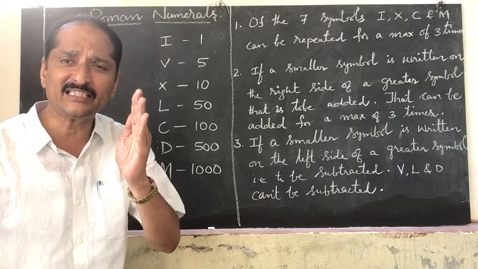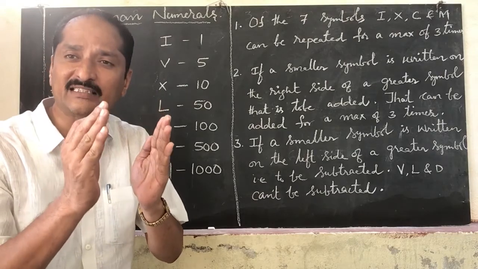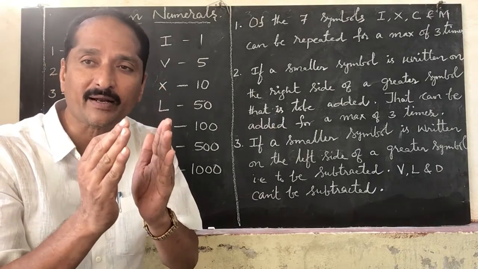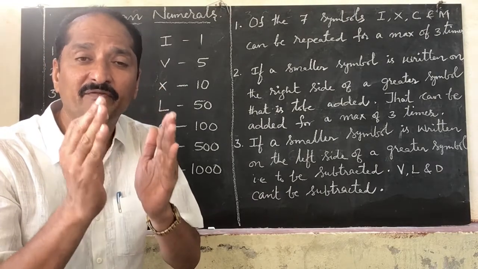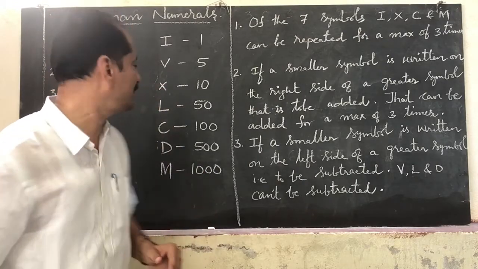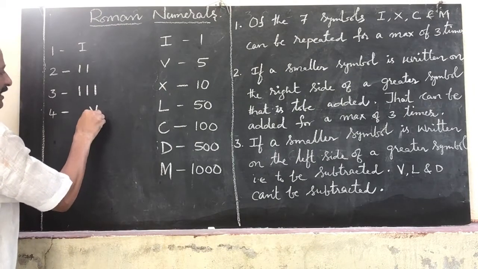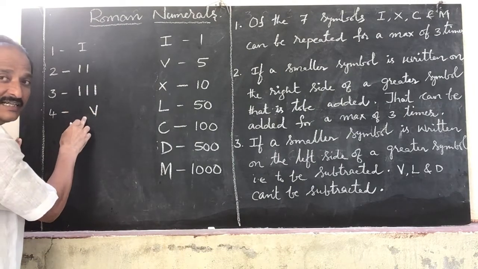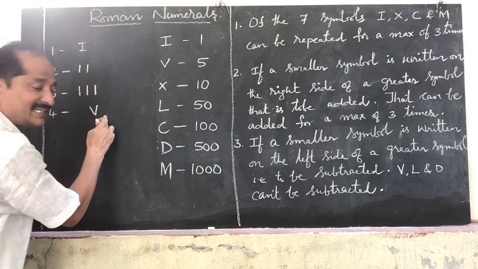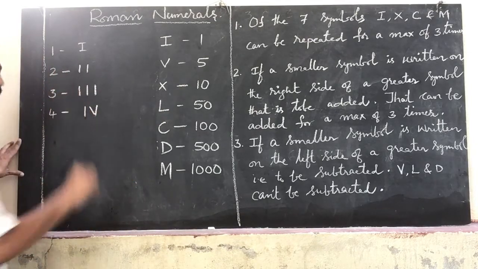If you are writing a smaller symbol on the left side of a greater symbol, that is to be subtracted. That means from 5 take out 1, then it becomes 4. So 5 symbol is V. And if you are writing on the left side, it is to be subtracted. If you are writing on the right side, it is to be added. So subtract it. So 4, this is 4.